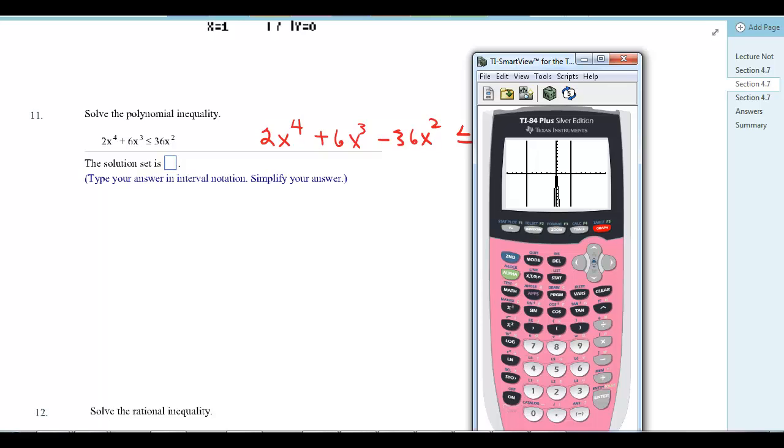Okay, let's see what that looks like. Let's change our y-min, see if we can actually see that a little bit better. Let's do a -30. I think we're going to go down a lot more. Let's do a -60. I don't know, let's try it.